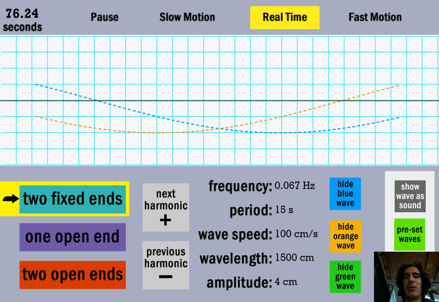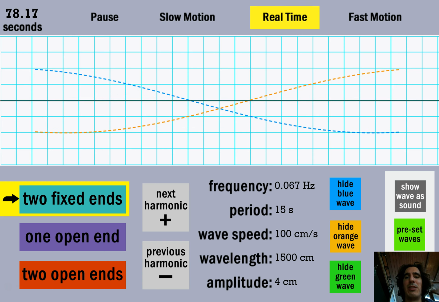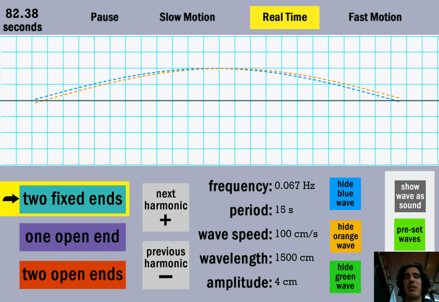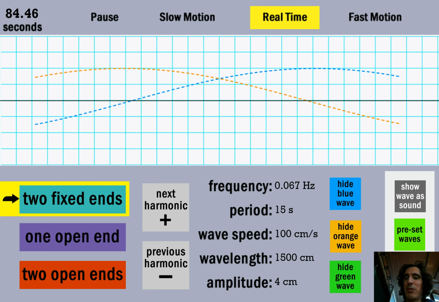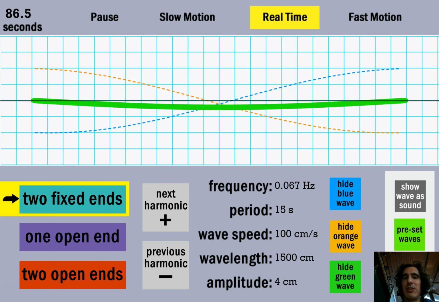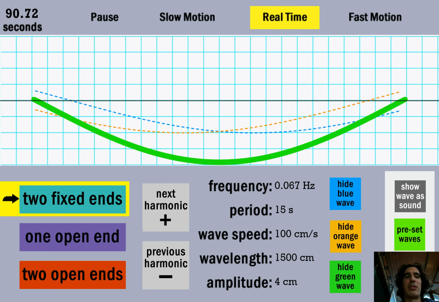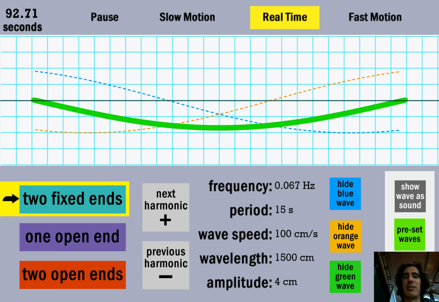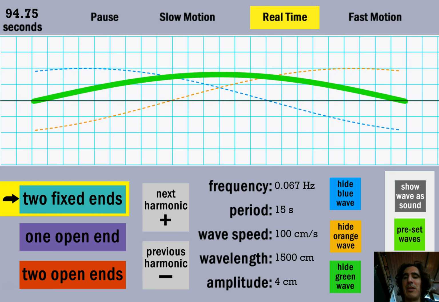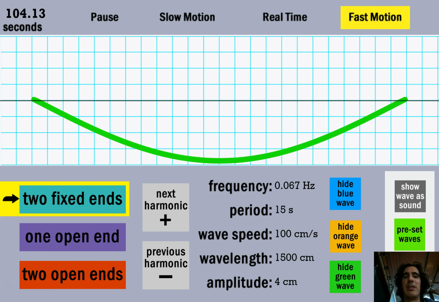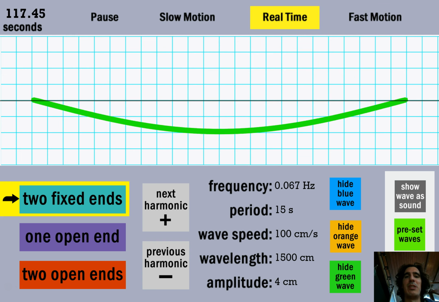Their amplitudes are both either negative right now or both positive, so they're constantly going to add up to each other. So if we look at the interference of these waves, we get this thick green line that shows where there's constructive and destructive interference. What we see, if we get rid of the blue and the orange, and we'll put it in fast motion, is a wave that appears to be standing still.